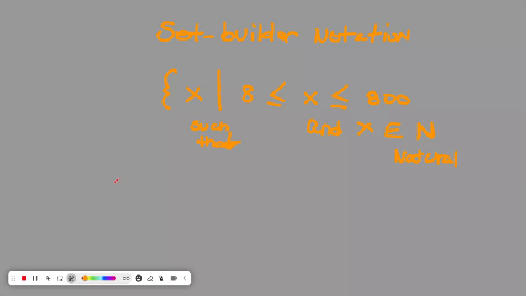If I said we have x is an element of the set where x is greater than 2, but less than or equal to 5, you could put that in interval notation.